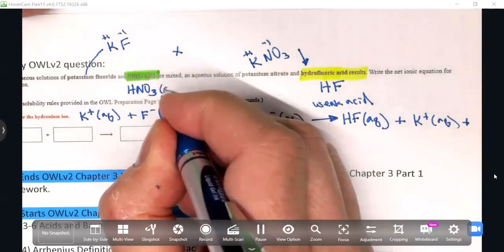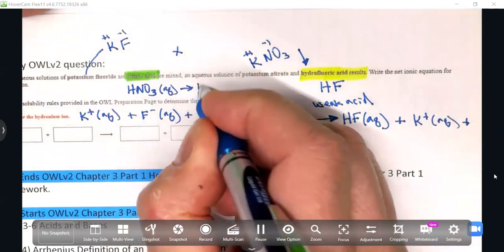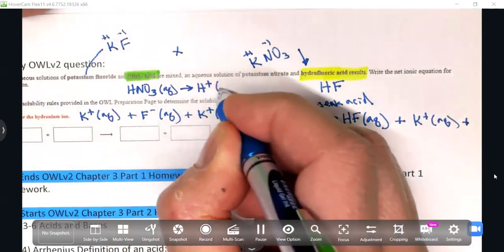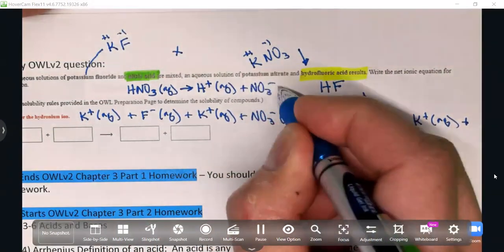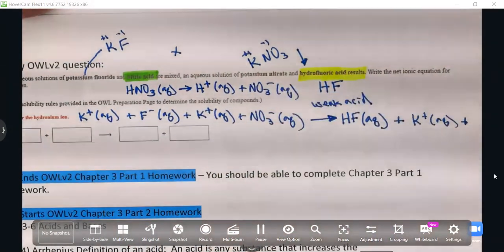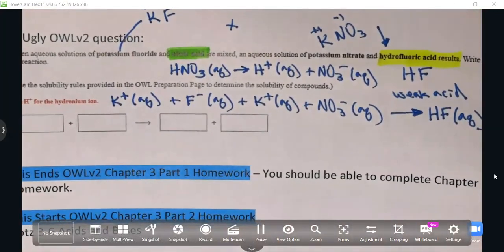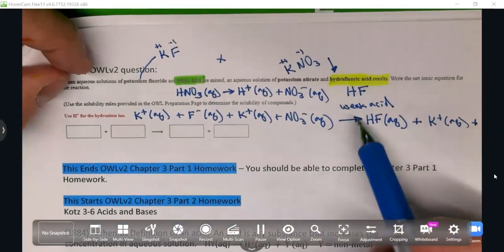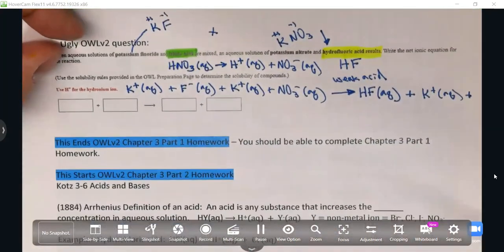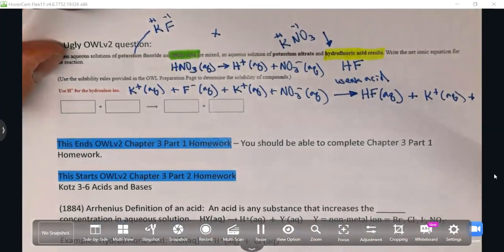What that's going to look like in solution is this: H plus and NO3 minus. So I've got a big mess here. I apologize. Let's just write what it's going to look like out of this thing.